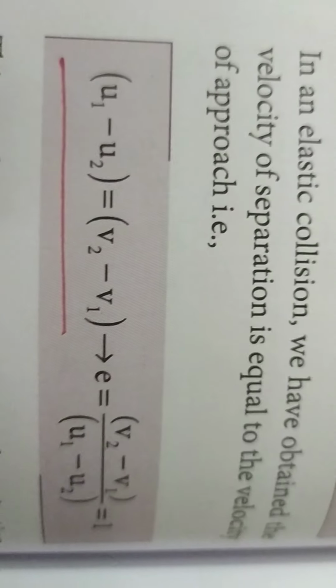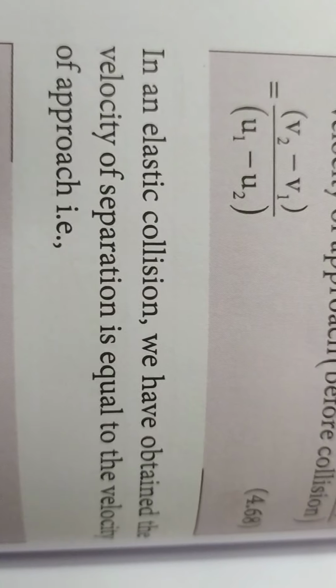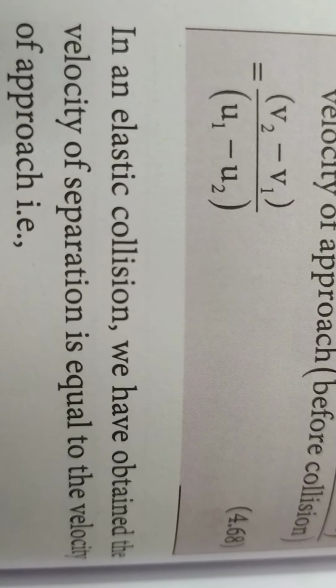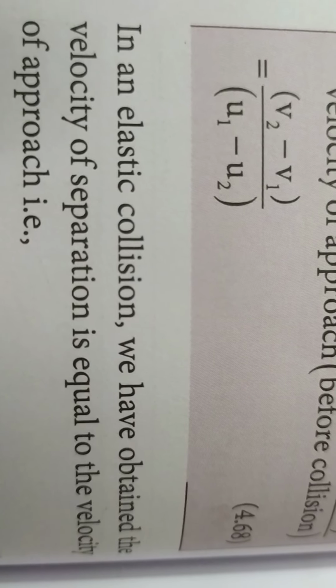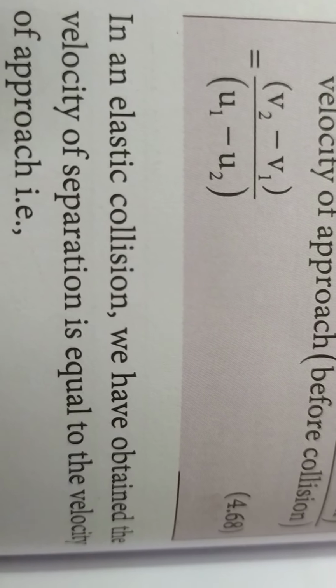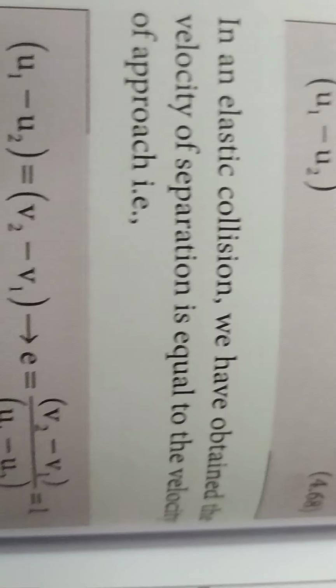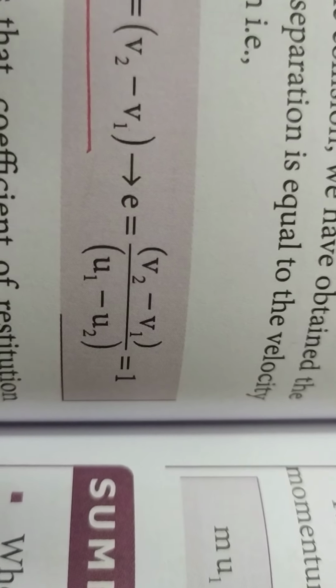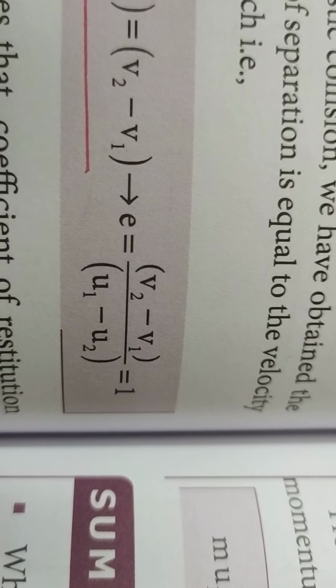And when you see this, you can write this expression for elastic collision. In elastic collision, the numerator and denominator become equal, because in elastic collision both of them remain the same. So E is equal to V2 minus V1 by U1 minus U2, which becomes 1.